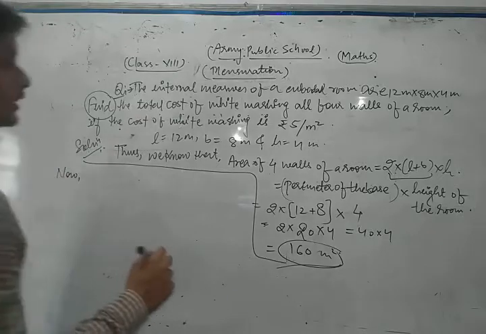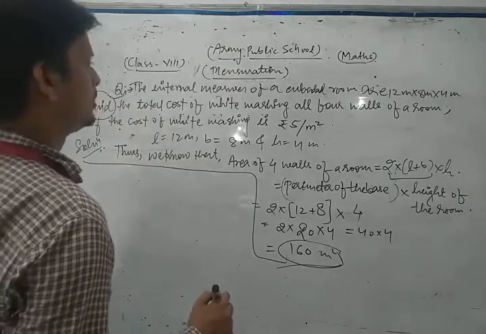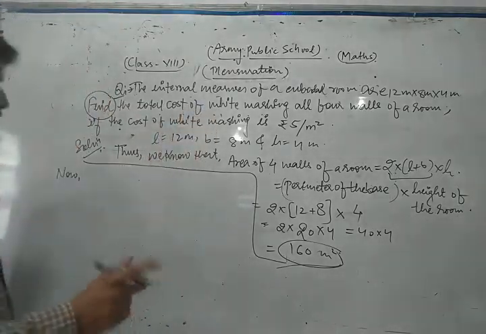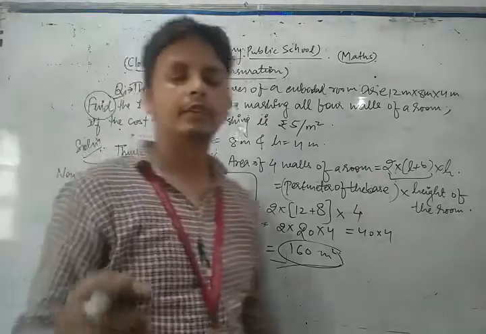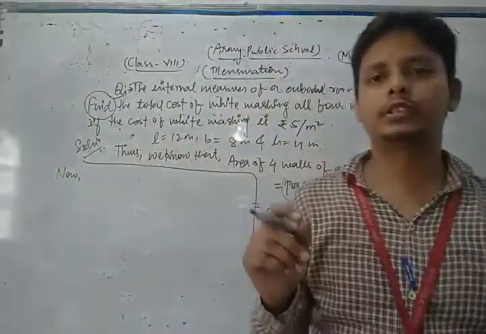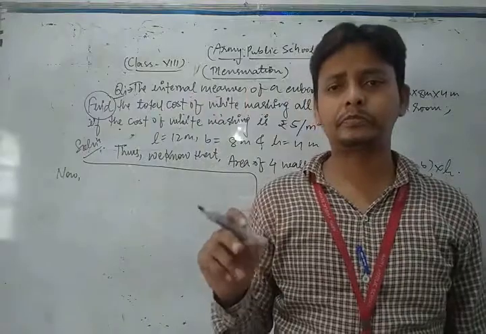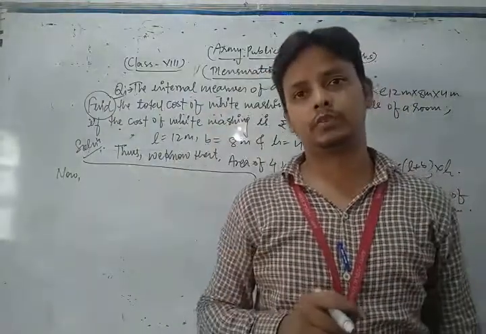Now we find the total cost of whitewashing. Dear student, the formula for finding the cost of whitewashing the room is equal to area into rupees per meter square.